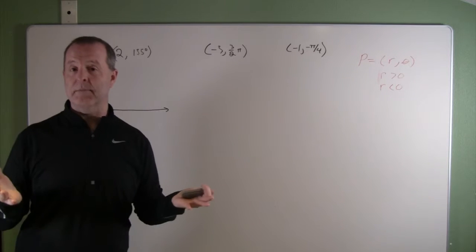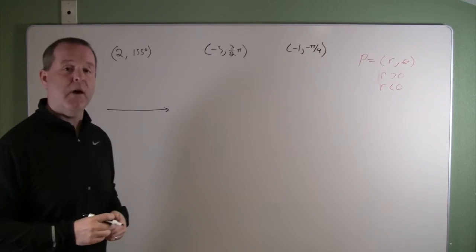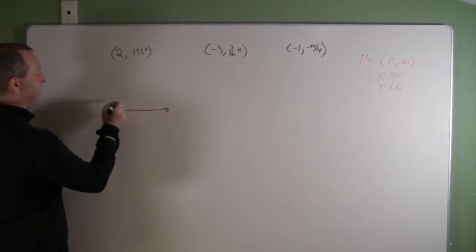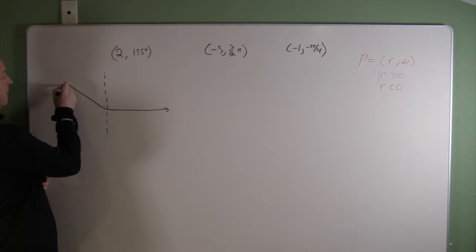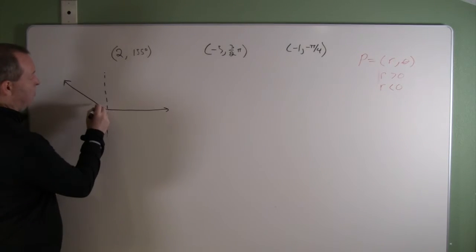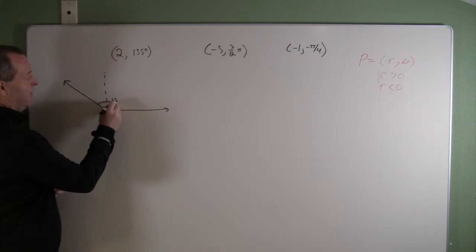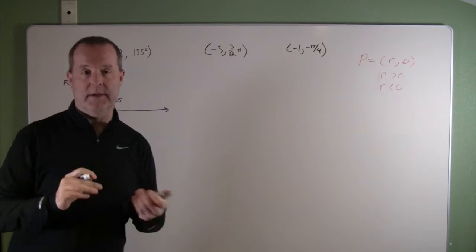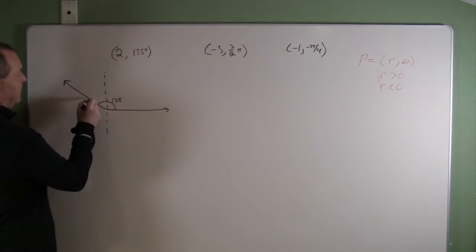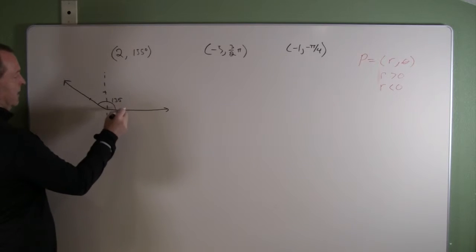135 degrees, that's my angle that I need to find out the terminal side. If there's 90, 135 degrees is roughly at that point, so that's my theta, 135 degrees. And then I need 2 units out. I want to think about this like in a circle.